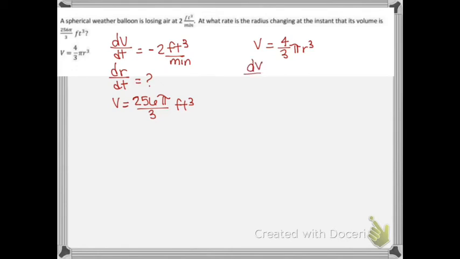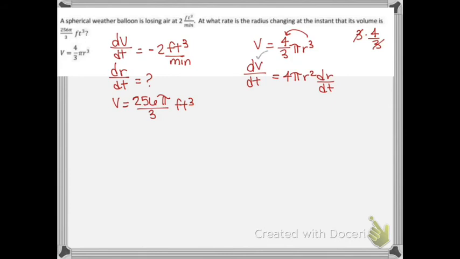So our derivative dV/dt. Let's apply the power rule, bring that 3 to the front. And so again, we're going to have 3 times 4/3. So the 3's cancel. And so we have 4 pi r squared dr/dt. Okay, let's take stock of what we need and what we have. So we have a dV/dt.